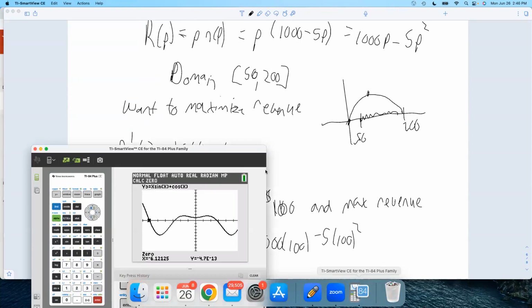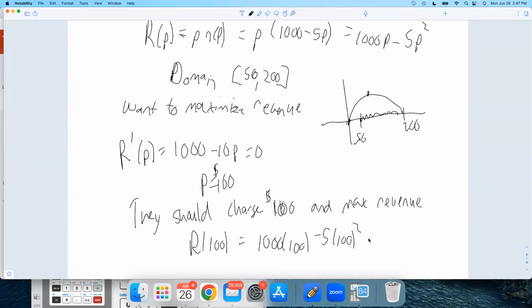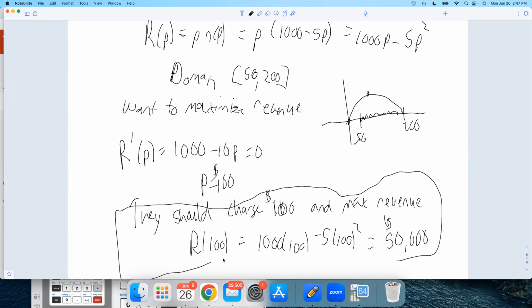So 1,000 times 100 minus 5 times 100 squared. 50,000. And then this is what we would circle. There's our final answer. Remember, word problems have word answers with units. And that's a good place to stop on that one.